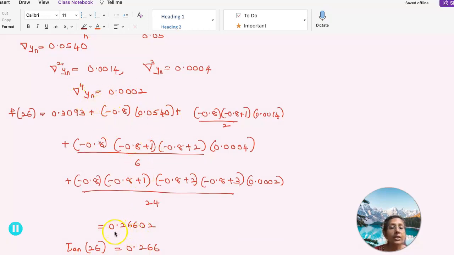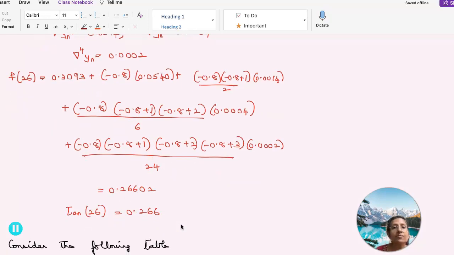So simplifying, you get 0.26602, and that is your tan 0.26.